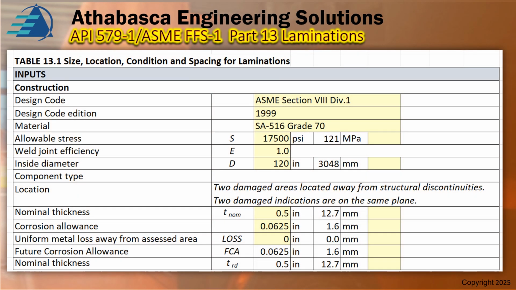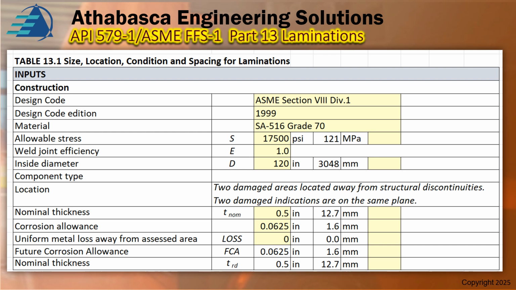In part 13 in the appendix, they have a table 13.1, and this is how they recommend organizing the information from the inspection report to do the calculation. All of the abbreviations follow API 579-1 exactly, so that everything is reproducible and comparable.